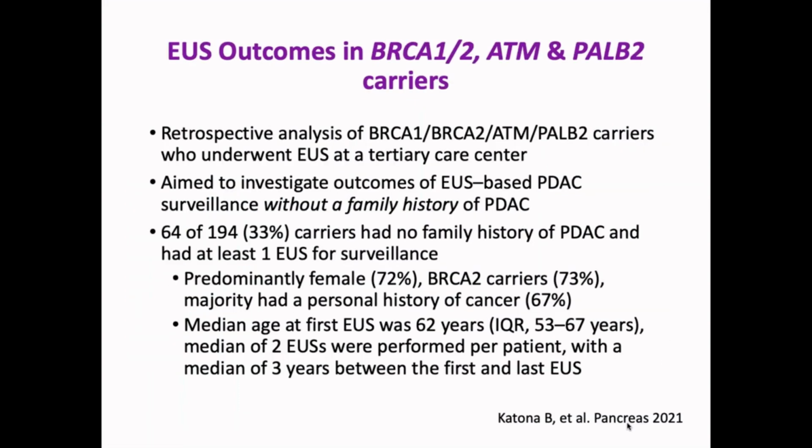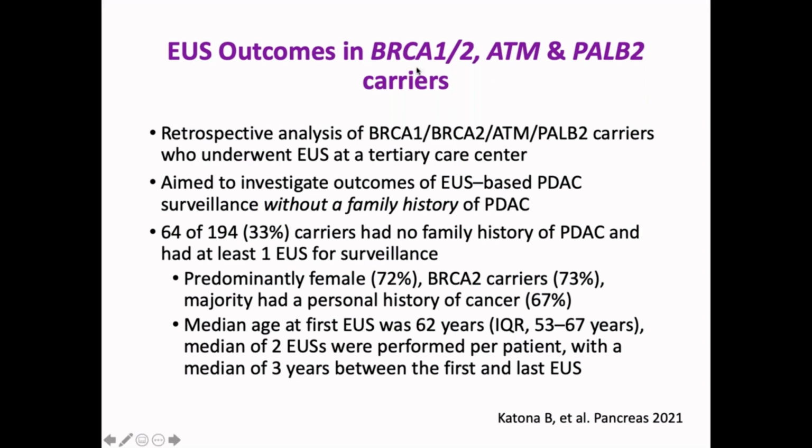I want to talk briefly about a recent study published on endoscopic ultrasound outcomes in select carriers, those with pathogenic variants. Most of the results of pancreatic cancer surveillance are heavy on individuals from familial pancreatic cancer kindreds.